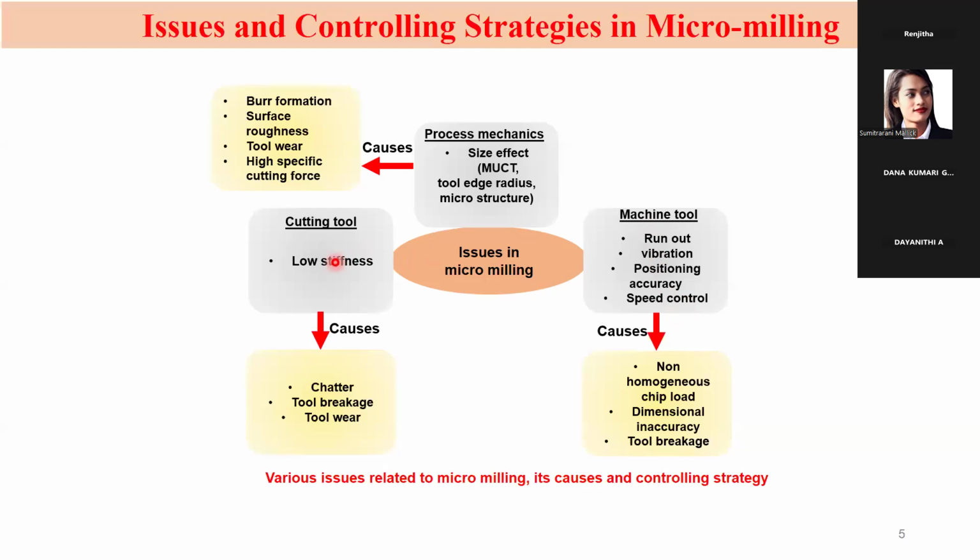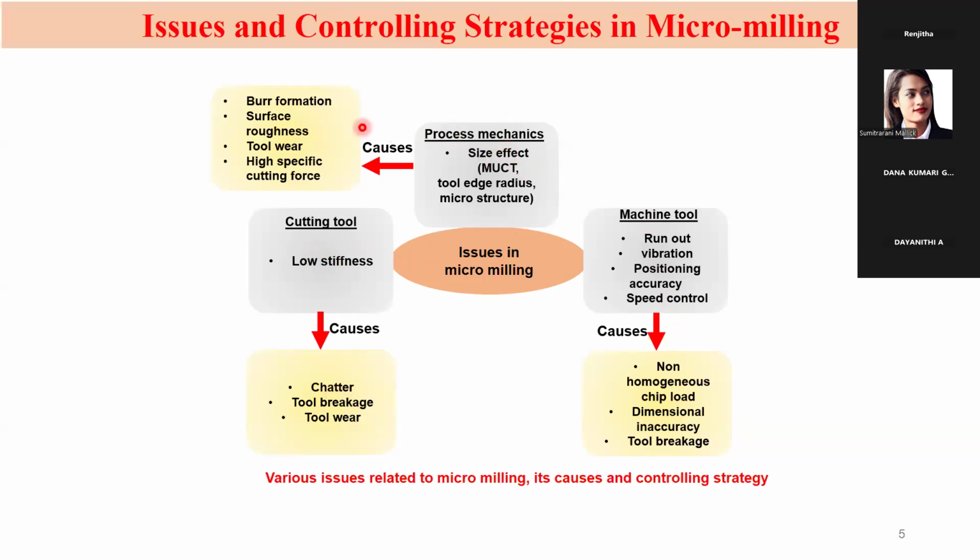Then how does it hamper, what does it cause, why are we worried about this? Due to the low stiffness of the cutting tool, it may chatter. Chatter means self-excited vibration, which in machining we call chatter. Then the tool can break anytime. Any catastrophic tool failure occurs, and very rapid tool failure occurs.